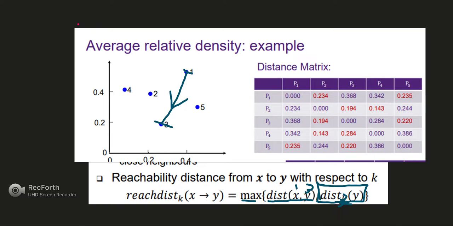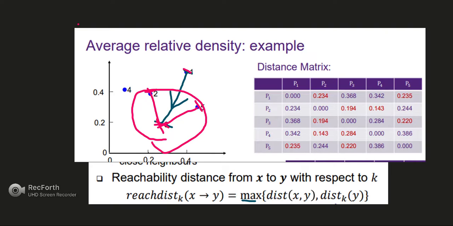Let me say that again. We are going to take the maximum of the distance between point 1 and point 3, or the k neighborhood distance of point 3. Now let's look at the k neighborhood distance of point 3. That's the maximum of its distance to its two nearest neighbors.